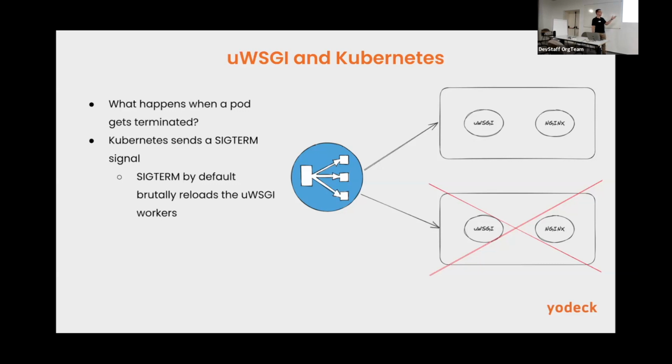But uWSGI by default brutally reloads the workers and never kills the actual process. So we had some pods waiting in the terminating state until the timeout passed, in order for Kubernetes to brutally kill the pods.